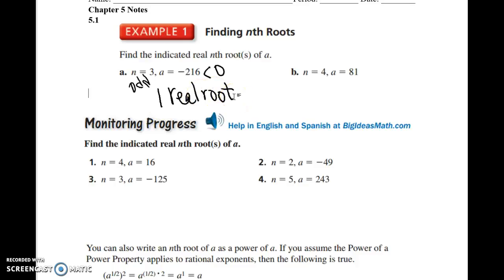And to find that root, we would take the cube root of -216. And I know that this equals -6 to the third power, so this would be -6.